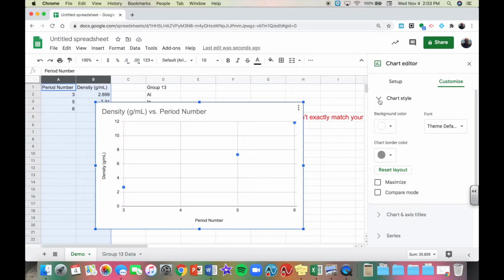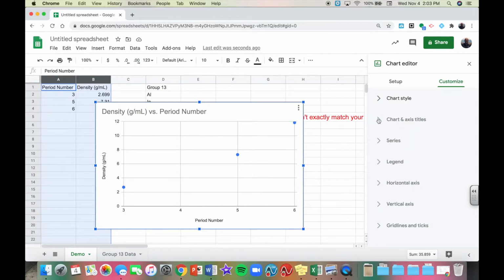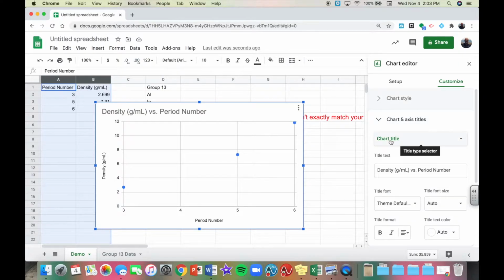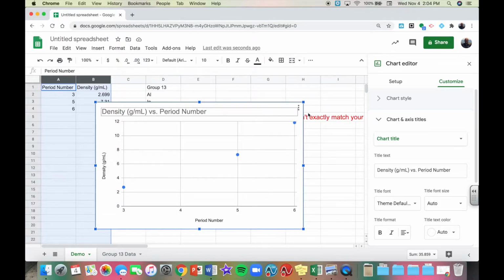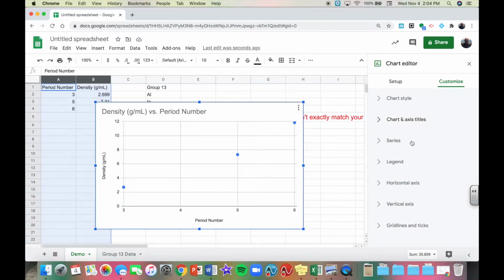The chart style, you probably don't have to mess with unless you want to. Here our title showed up, which is good, and our axis labels showed up here, so that was perfect. But if they did not show up, this is where you would add them, in the chart, axis, and titles section. So we'll move on.